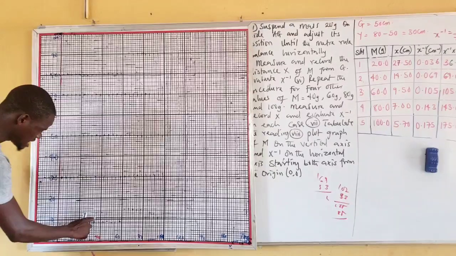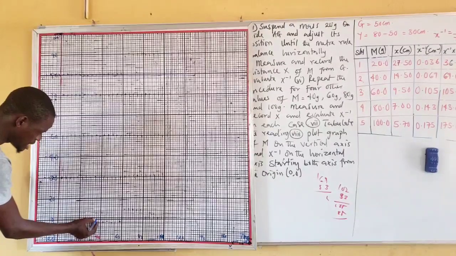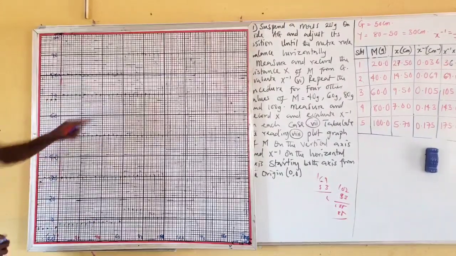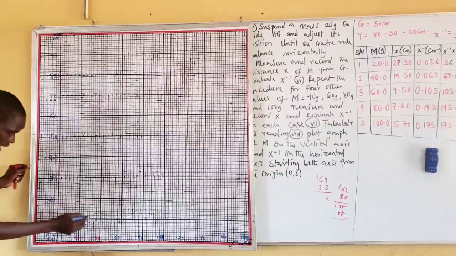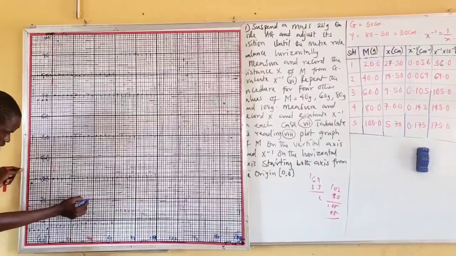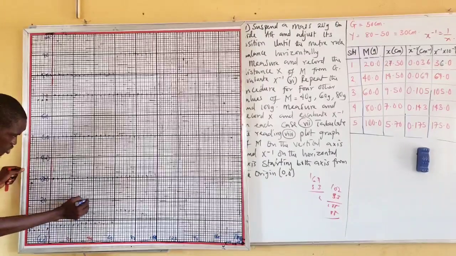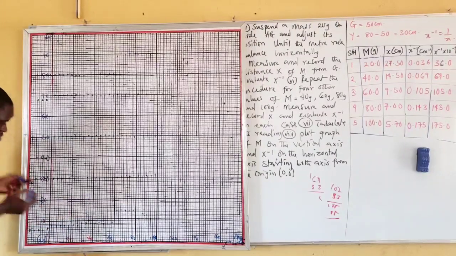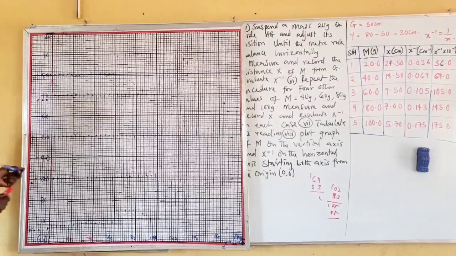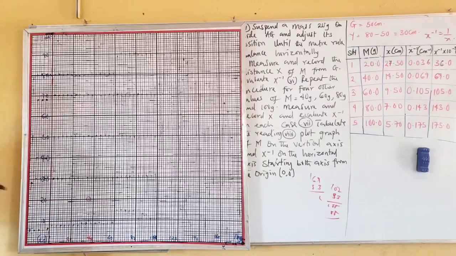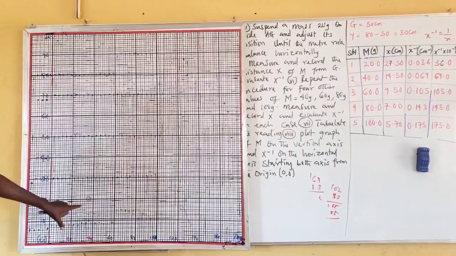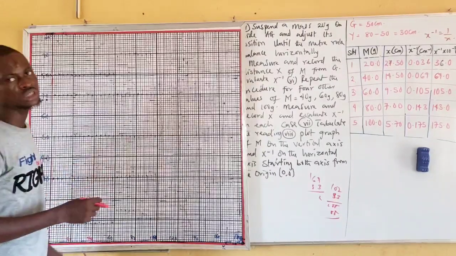Now, we said 20 to 36, so I can merge this 20 to this place here. At this point, you can use any style, either a dot or a circle to represent it. This is my 36.